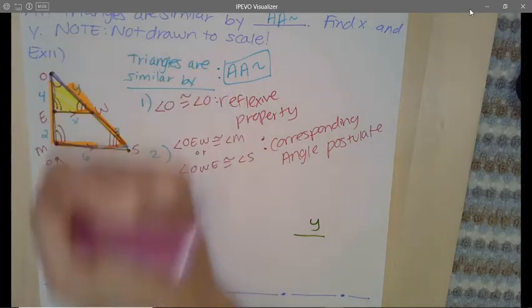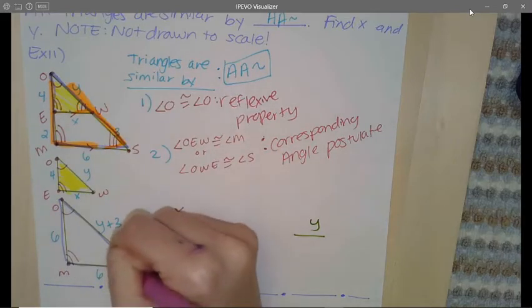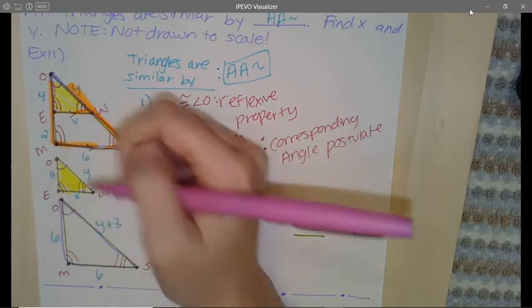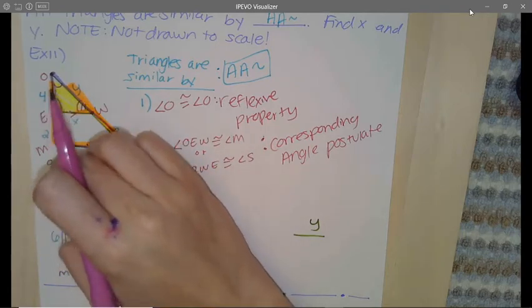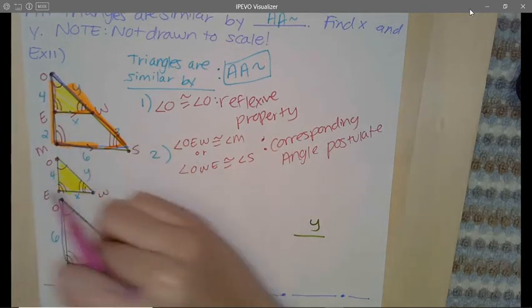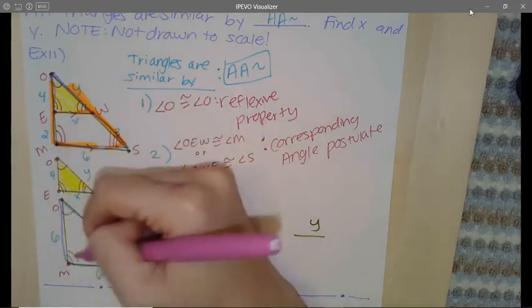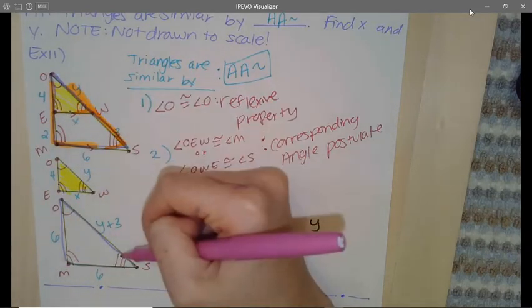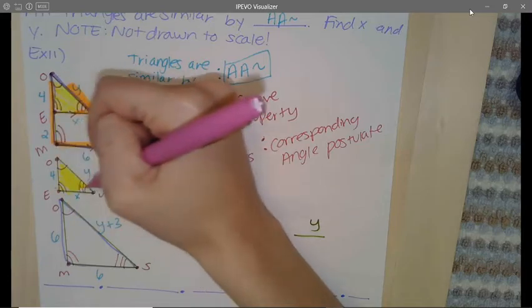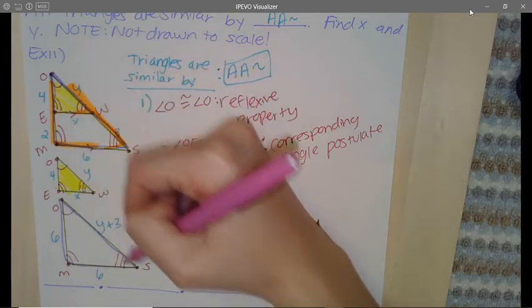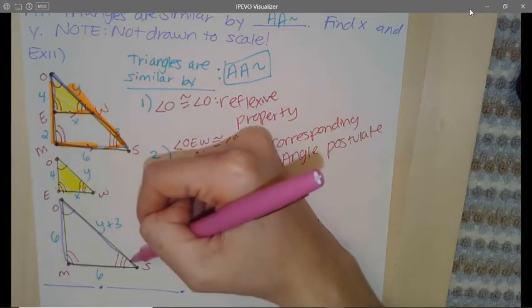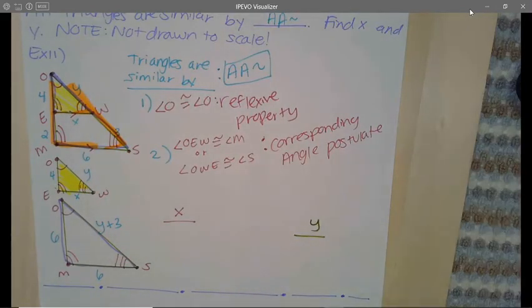I know that like these two are congruent and these two are congruent. Okay, so 4 and 6 are both in between the 1 and 2 arcs. Okay, 6 and X are both in between the 2 and the 3 arcs. And Y plus 3 are both in between the 1 and the 3 arcs. So that kind of tells you which sides correspond.